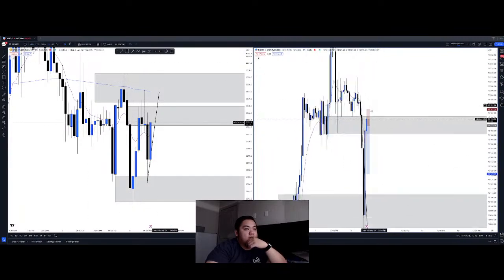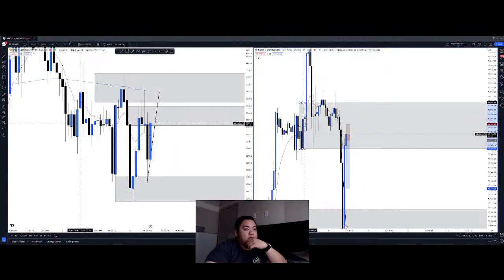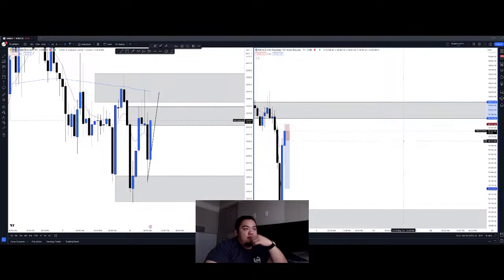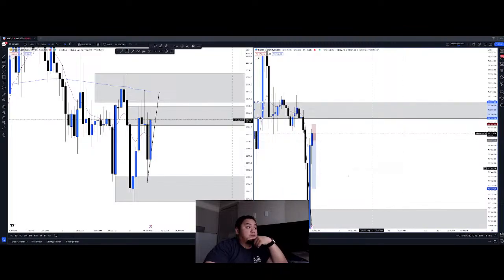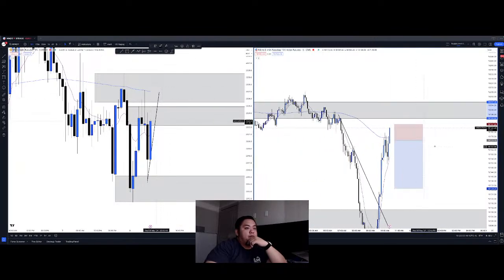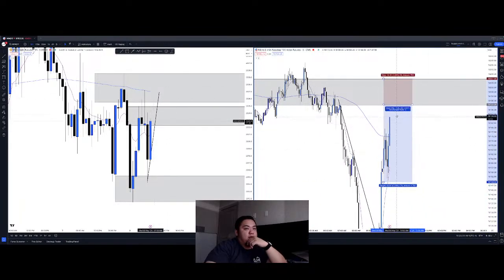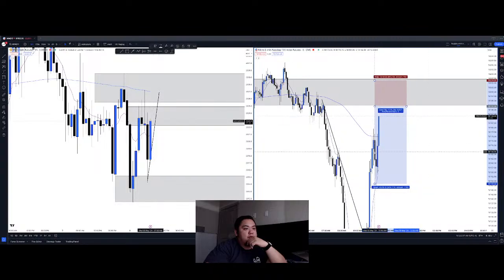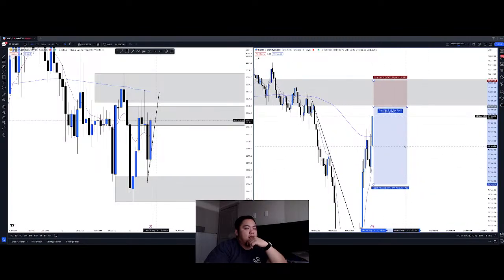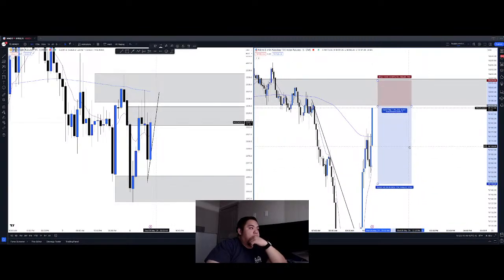And it's pushing. It's probably gonna push for this 1 hour supply. Yeah, that's kind of what I'm thinking. The top one. One more time.